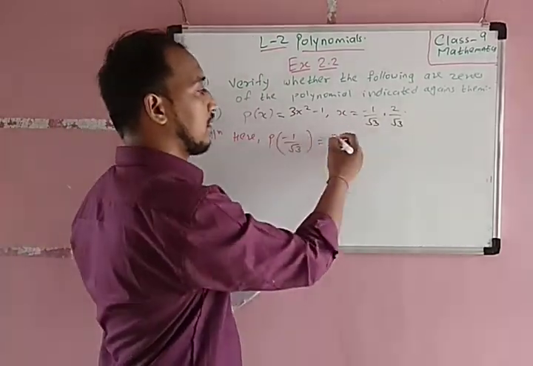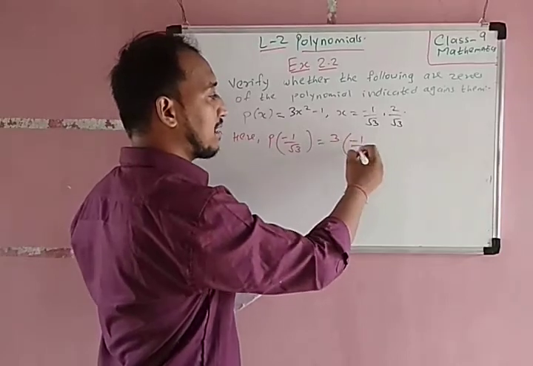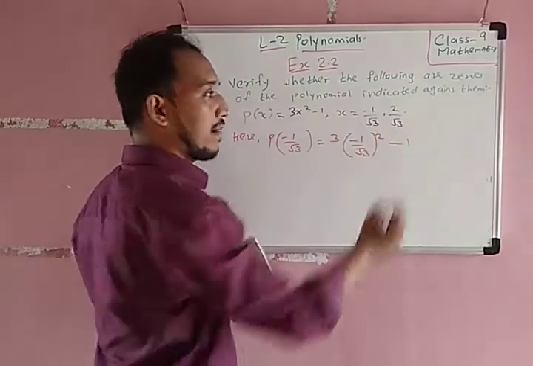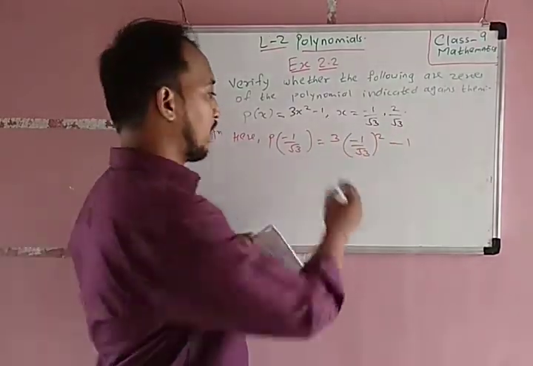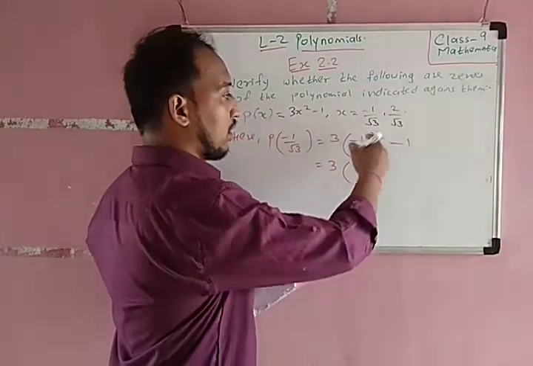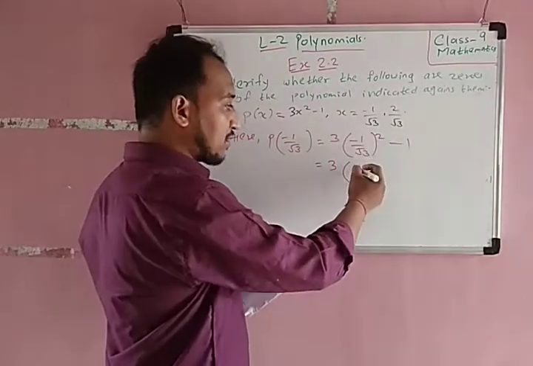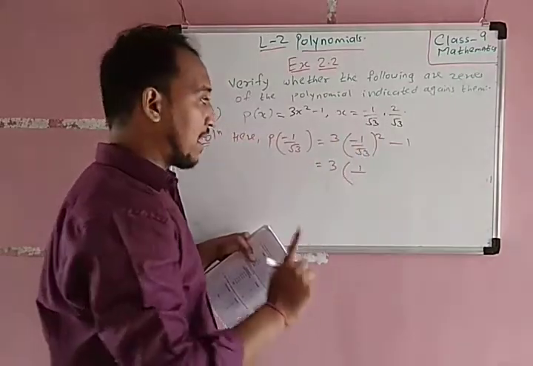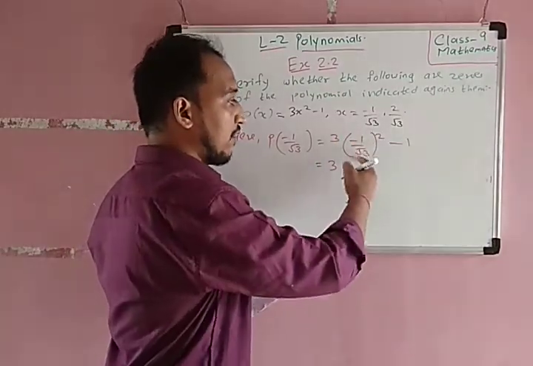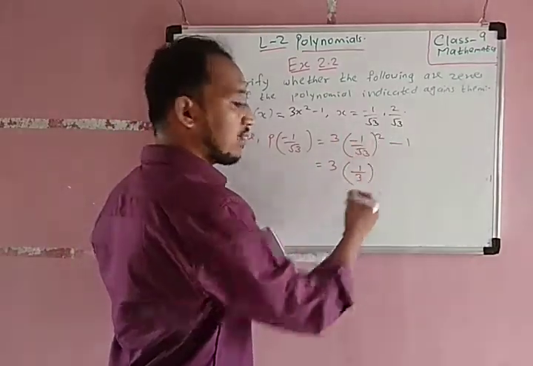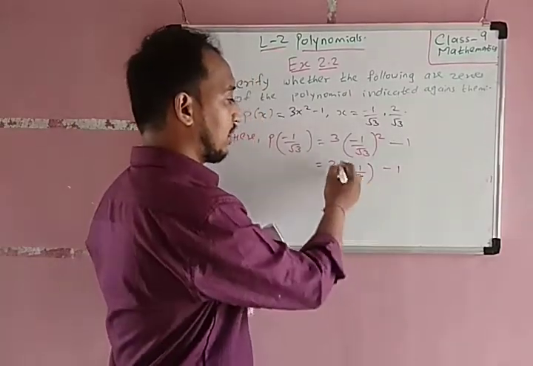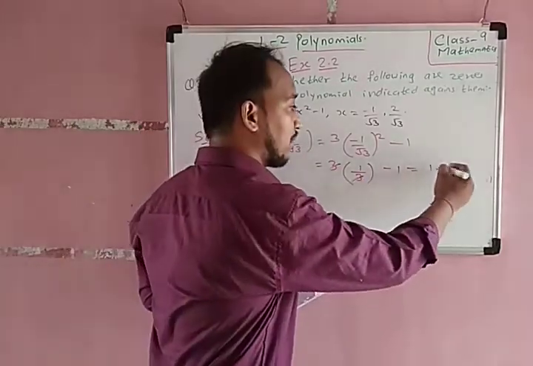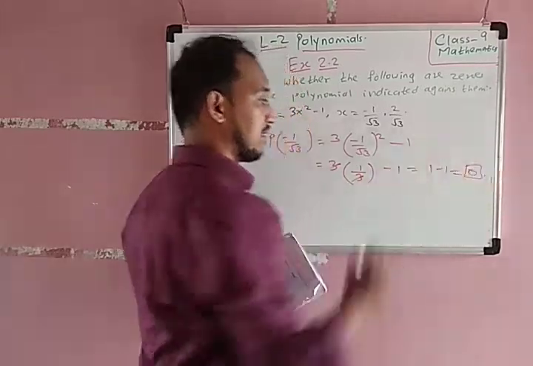What will we get? 3 into, in place of x, (-1/√3) whole squared, minus 1. Which is 3 into the square of -1, that is +1, divided by √3 squared, which is 3, minus 1. The 3s cancel out. What remains? 1 minus 1, that is 0.